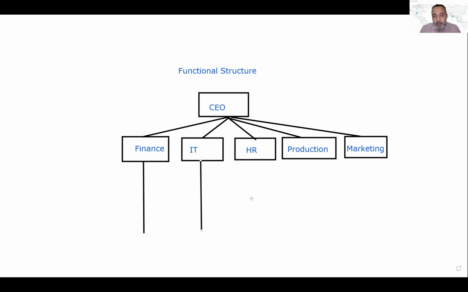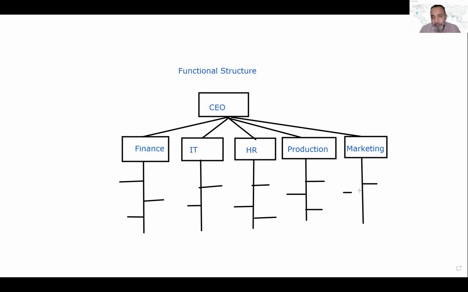So we have employees in the finance department, in the IT department, in marketing, in production, and so on. So you have Mr. X, Mr. Y, Ms. Z, and so on. This is probably the most common structure that we see all the time, especially in this part of the world.